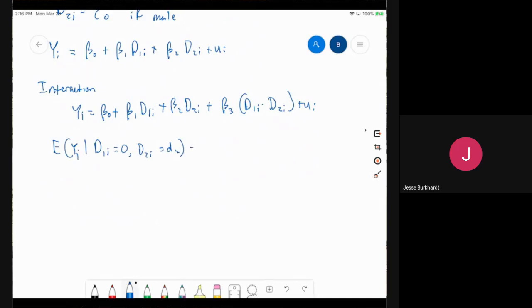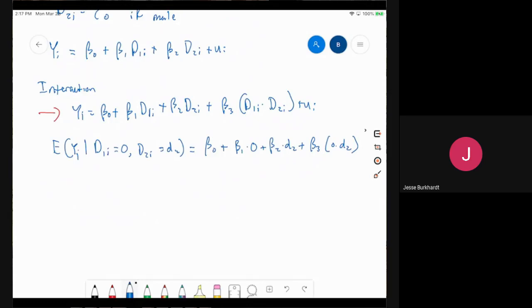So what does this equal? Well, we can take the conditional expectation of this function here and plug in the values. We get the following. That's a 0 times d2, so that 0 times d2 is going to drop out.